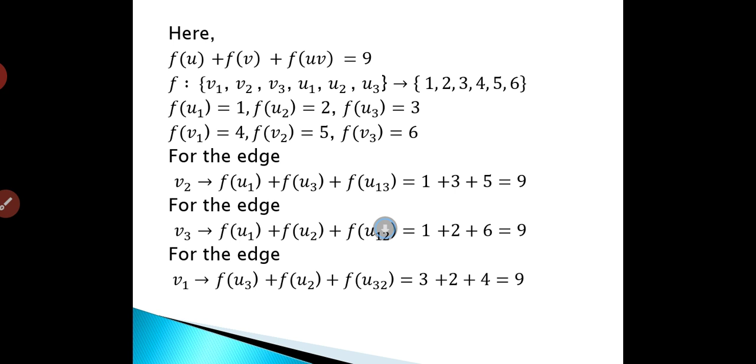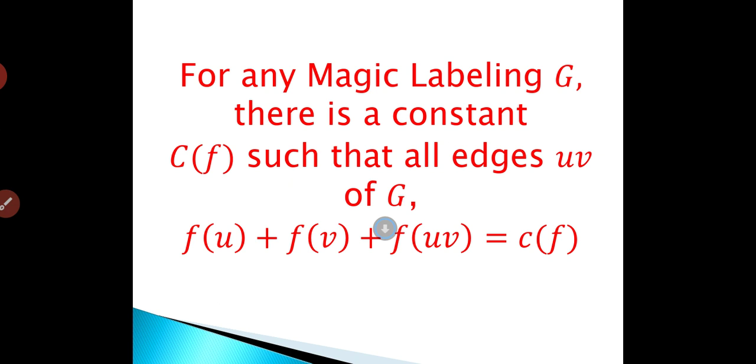So all of you see our three edges v2, v3, v1 satisfy the condition and we get the constant as 9. So this graph satisfies the condition of edge magic labeling. So the edge magic labeling condition, f(u) plus f(v) plus f(uv) equal to a constant, is satisfied.